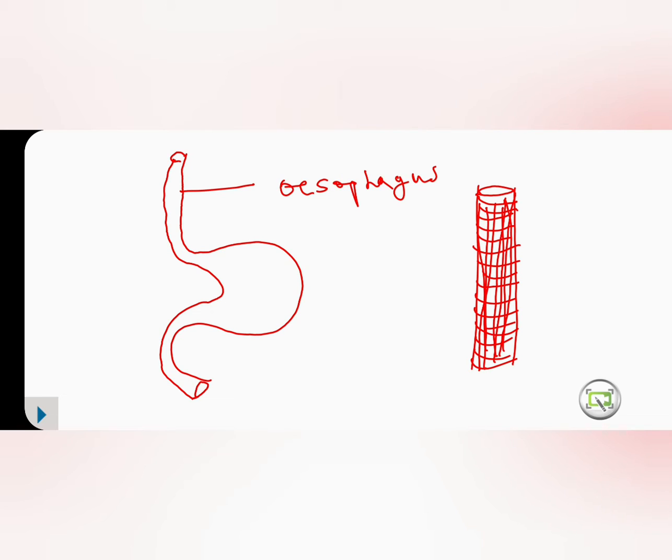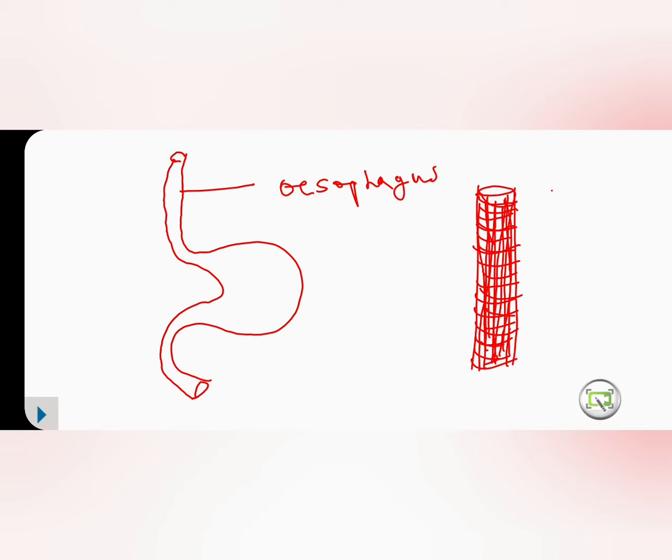Thus, the walls of esophagus are lined by two layers of muscles: inner circular muscle layer, and outer longitudinal muscular layer. If the circular muscles contract, what happens?